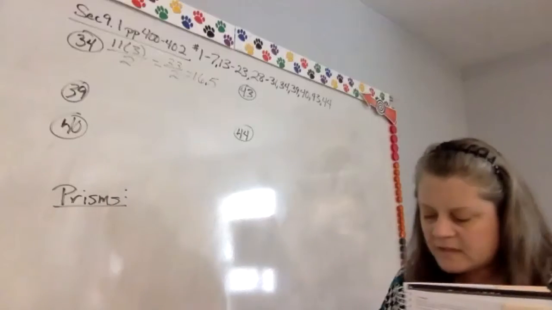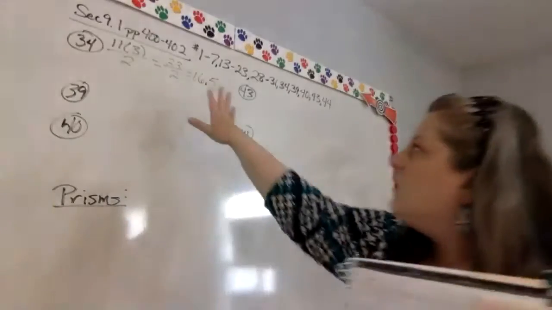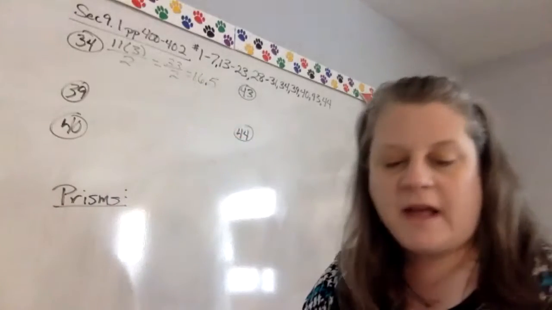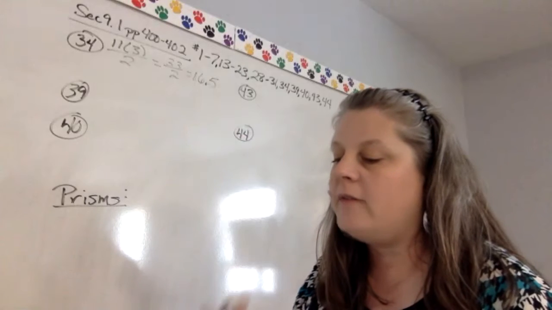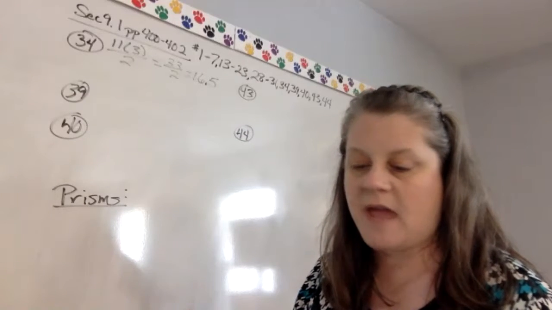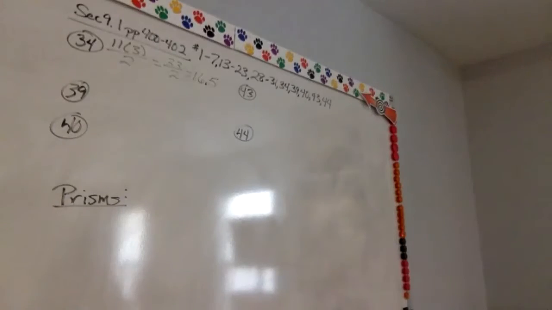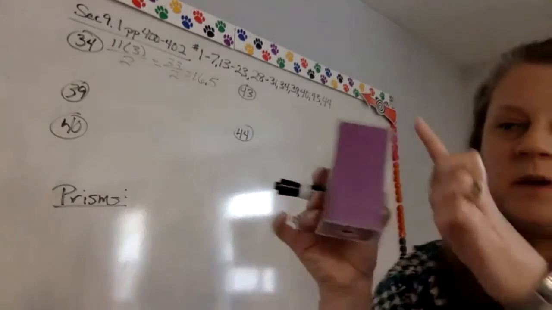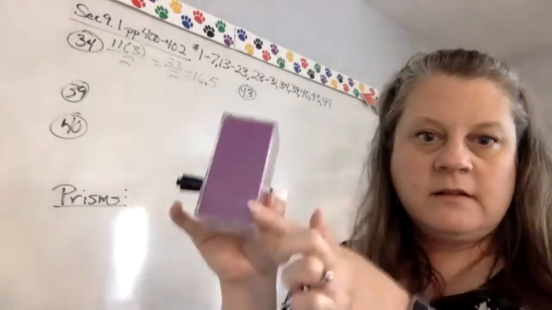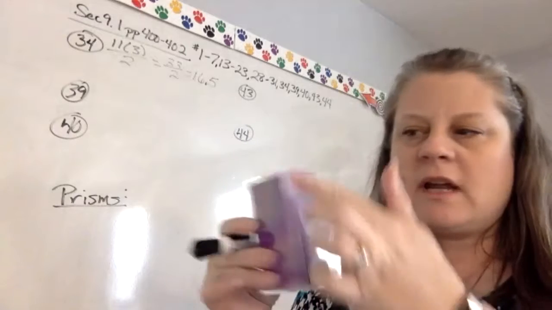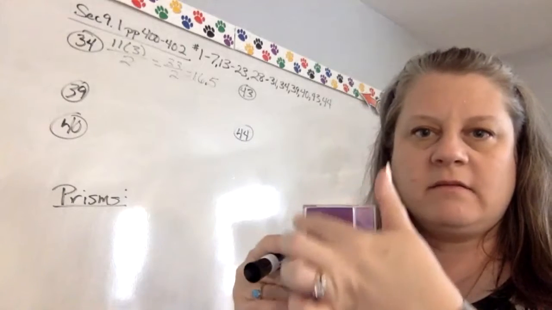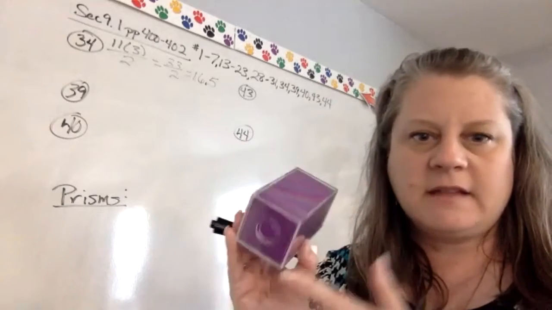Now, remember, this is what we were doing to find the number of edges. Now remember an edge is one of these sides. It's a straight line that connects where two faces connect.